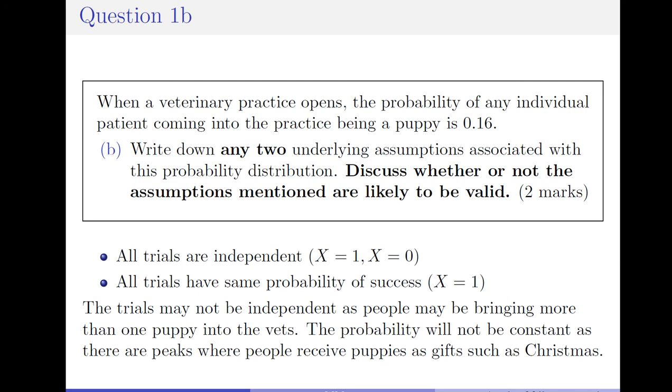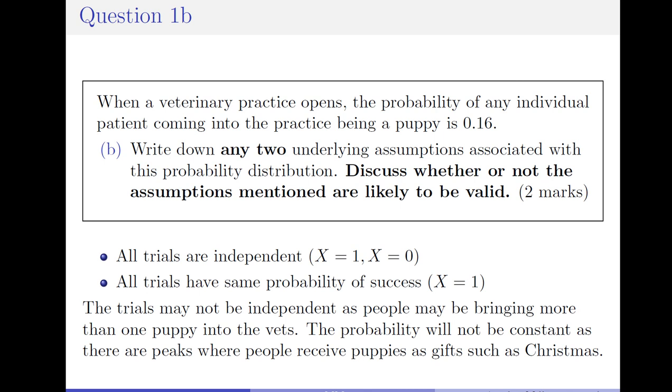Now, the probability of these animals coming into the vet surgery is not going to be constant. Sadly, there may be peaks where people receive gifts of puppies, which is not something I'm an advocate of. And there might be busy times such as Christmas or the January time where lots of people got a dog for Christmas and are having to bring it into the vets.